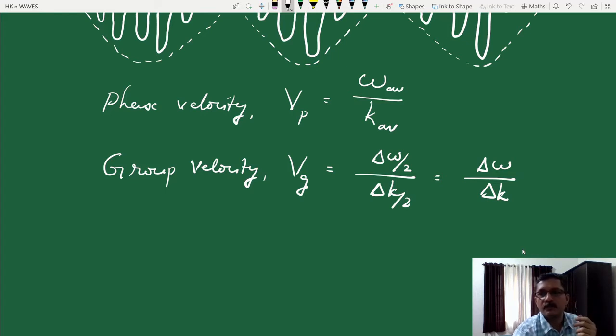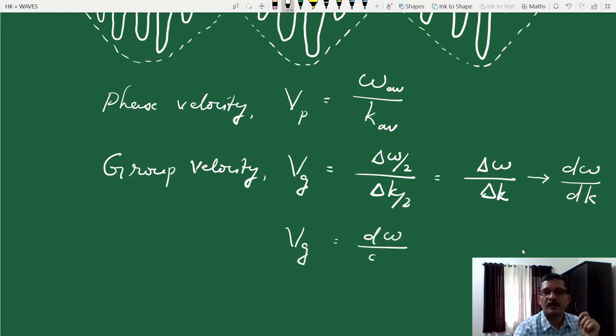But group velocity, this delta omega by delta k, in the limiting case when delta omega tends to 0 and delta k tends to 0, this expression becomes a derivative, d omega by dk. Okay, so the expression for the group velocity we can write as d omega by dk, rate of change of angular frequency with respect to k.